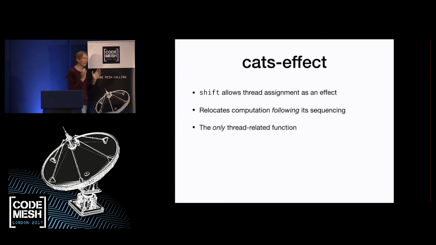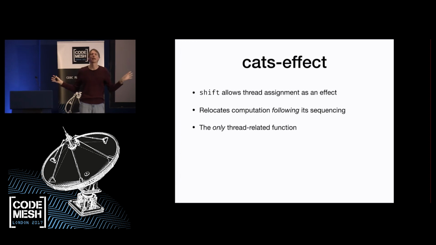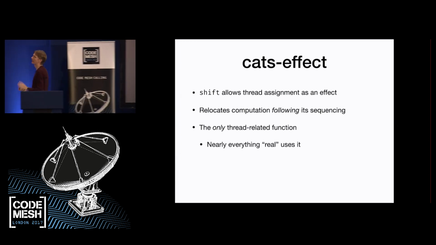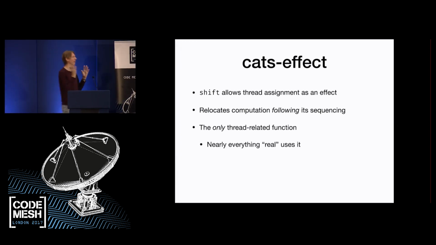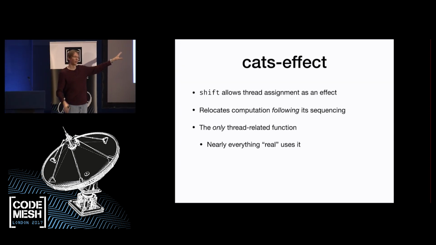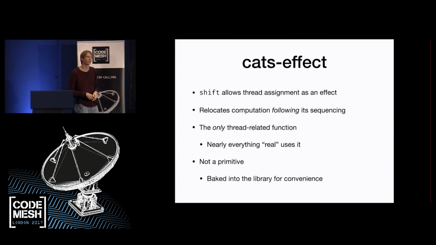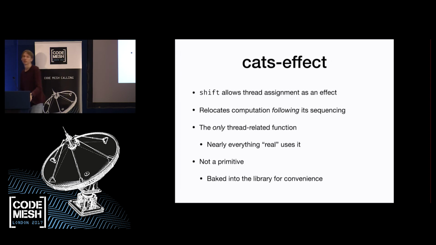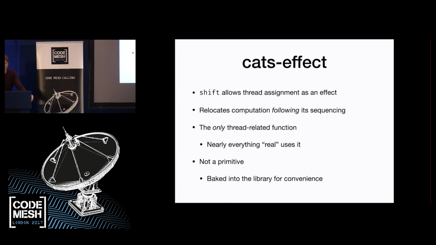It is the only thread-related function in the entire Cats Effect library. We did this because when we started prototyping with Cats Effect, we discovered that nearly every real program needed this function, which is kind of the argument I made earlier: you always, always want this. So we just baked it into the library. It's not actually a primitive, though. You could define it yourself. It's literally just there for convenience. The definition of this function is like 6 lines.